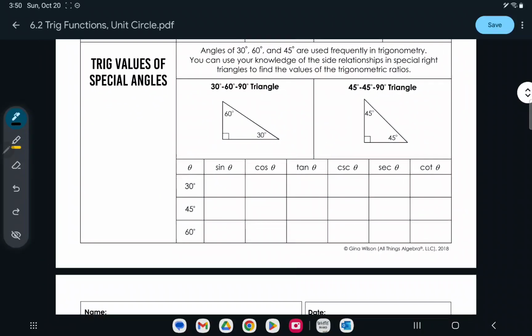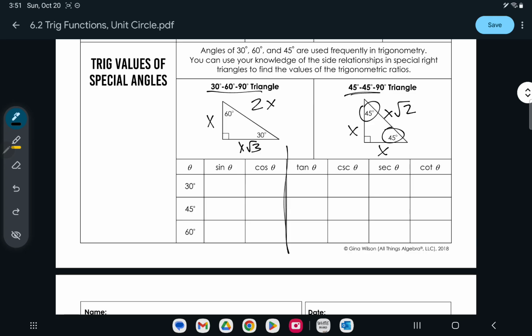All right, special right triangles. These are things that we should memorize, at least the rules for. In a 30, 60, 90, x is the short leg, the long side is x root 3, and the hypotenuse is 2x. A 45, 45, 90 is an isosceles triangle because the base angles are the same, so the sides have to be the same, and the hypotenuse is x root 2.